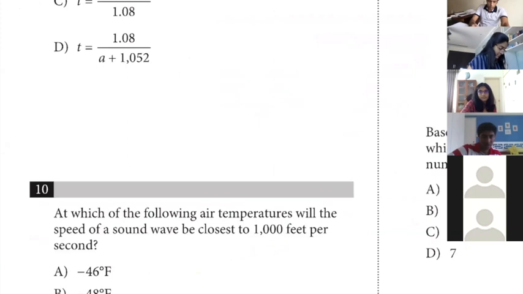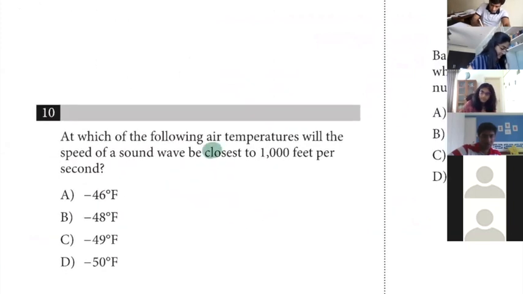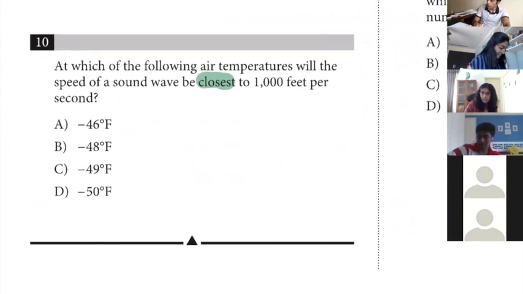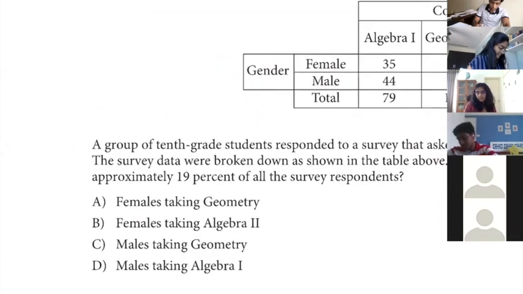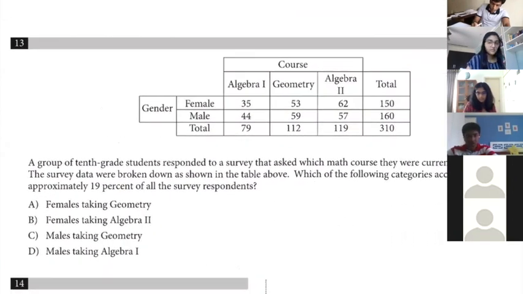You will also notice closest comes up here. So there, again, you will pick the closest one. And closest comes up in the next question. Where is it? Who can find it?